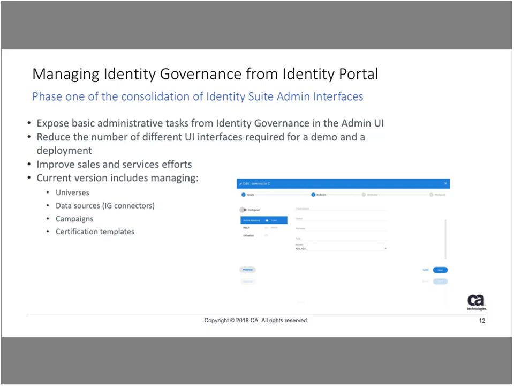So an administrator with Identity Suite deployed with Identity Portal and Identity Governance does not need to go through two sets of administration UIs to configure what needs to be done. It's set up once Identity Portal is connected to Identity Governance. The only thing you really need to do is go in, and as you can see in the screenshot, and I hope you can see it, you can configure everything you were used to configuring in Identity Governance, now in the Identity Portal.